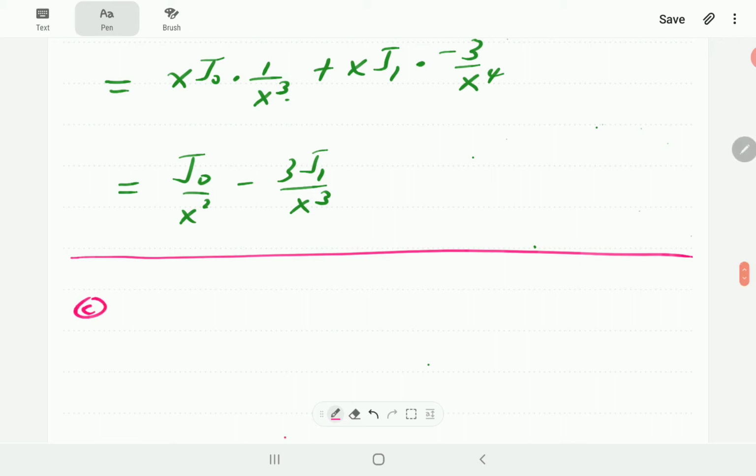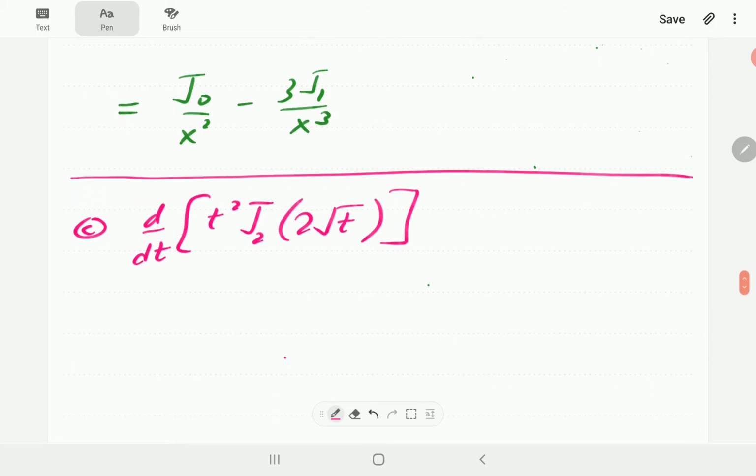Okay, then in part C, we have the derivative of t squared times J2 of 2 square root t. Now, in this case, the argument of the Bessel function is not t.